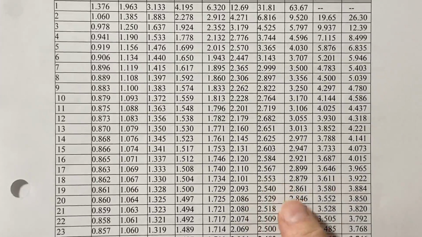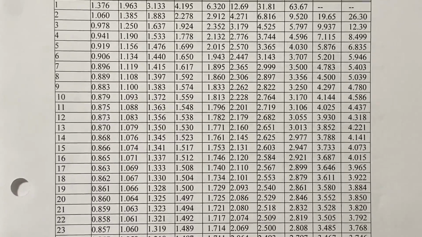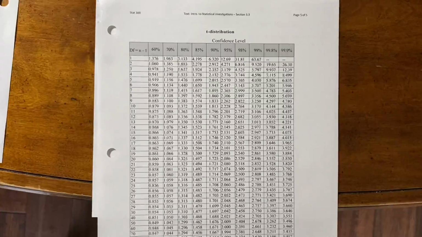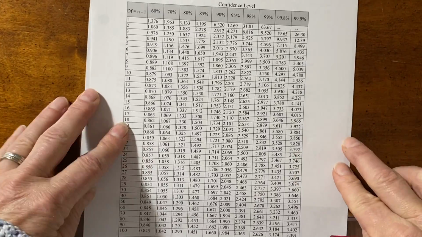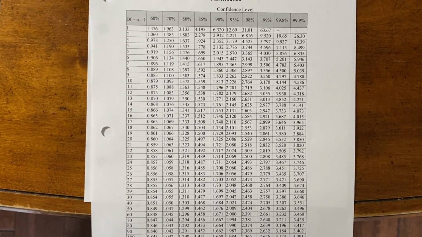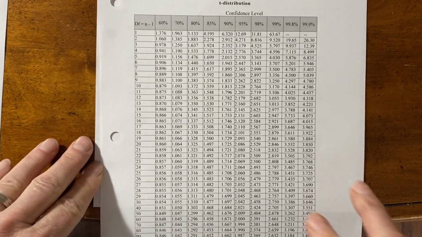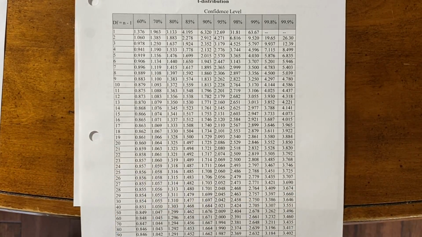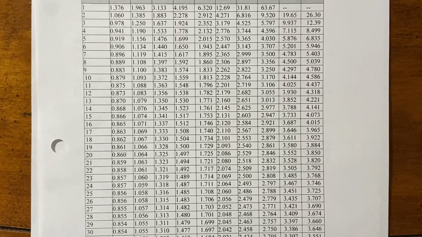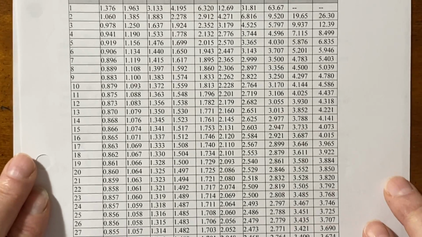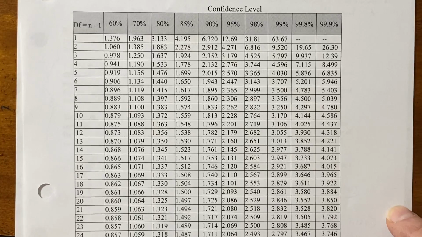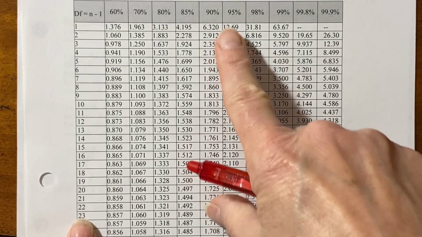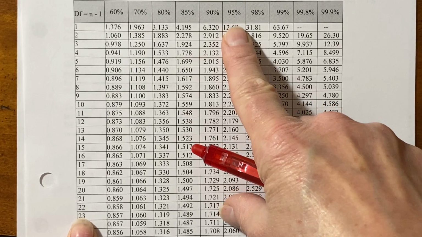So I would need to zoom out a little bit so I can get a bigger picture. So I'm going to go to 23 degrees of freedom. There we are at the bottom there, 23 degrees of freedom. And 95% confidence interval.